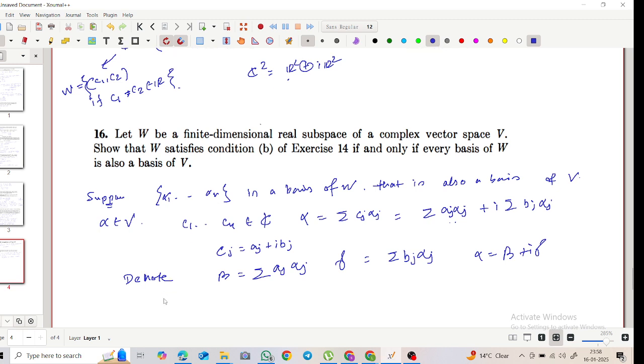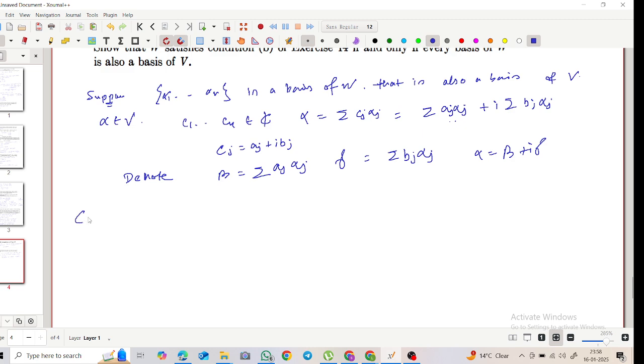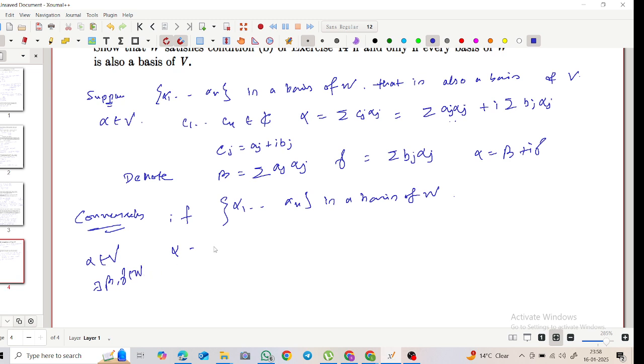Conversely, if alpha 1 to alpha n is a basis of W, and suppose it satisfies that given condition B, then for any alpha belongs to V, there exist beta, gamma in W such that alpha is beta plus i gamma.